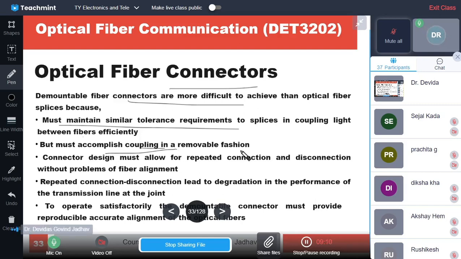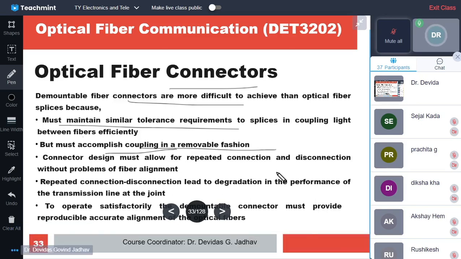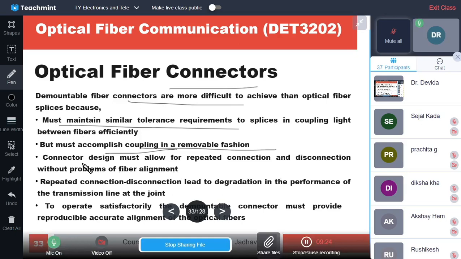They are used in a removable fashion, so they have double the responsibility, we can say, to maintain that quality and to allow removable use. Then the connector design must allow repeated connection and disconnection. Repeated connection and disconnection leads to degradation of the performance, and it also affects the performance, that is low loss.